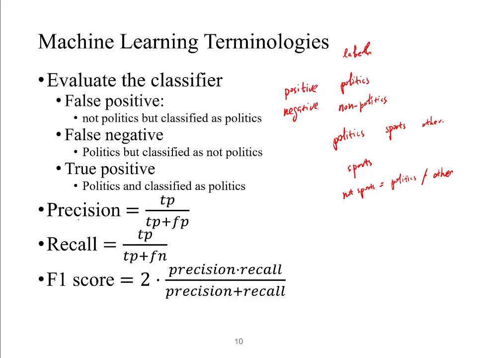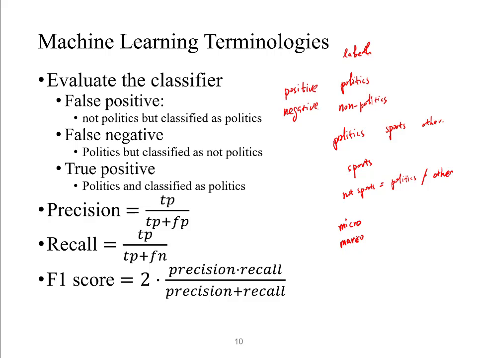Then you need to aggregate the 3 different precisions and recalls as well. In order to do that, it involves the concept of micro and macro precision, recall and F1 score. So we will discuss this later.